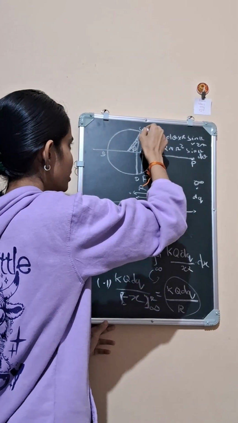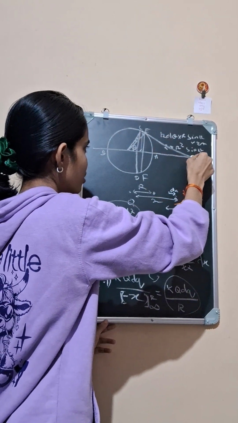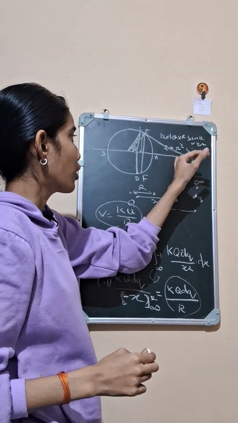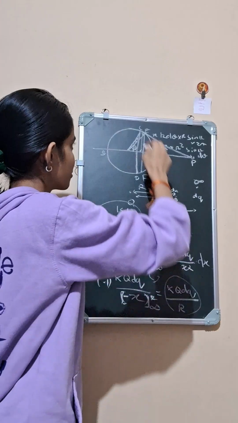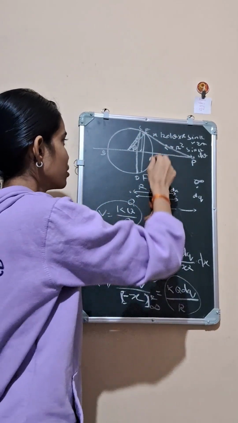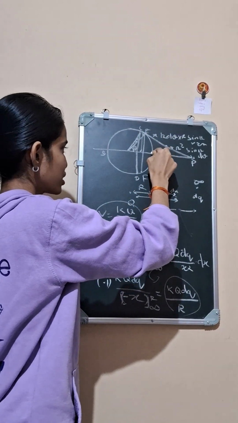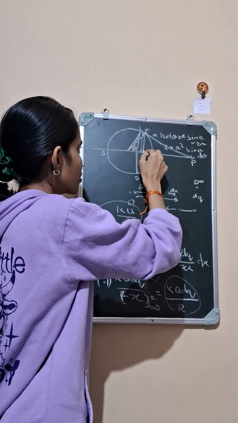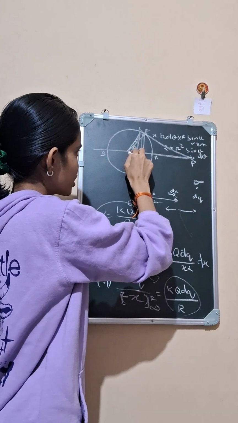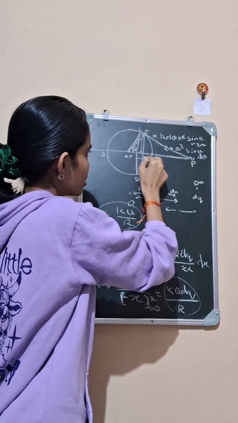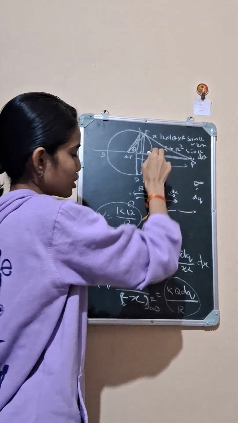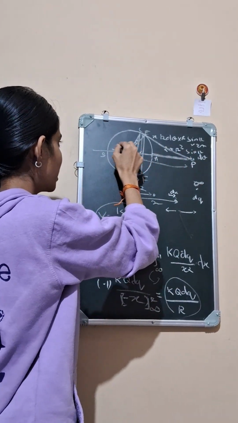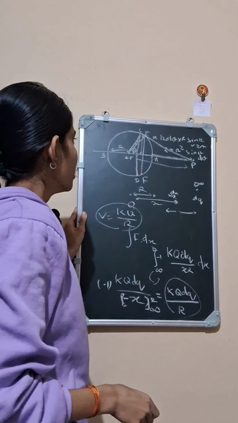From this we can see that if I draw the distance of a ring from the point P, let us say it to be x. For each ring the x will vary. For the initial ring taken from here, a very small ring, suppose this is r, from the center it is at a distance r, then for the small ring the distance will be equal to small r minus capital R, that is the radius of the sphere.